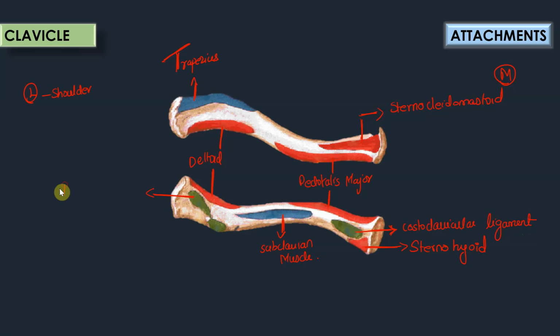One is the trapezoid ridge, and one is the conoid tubercle. Both together form the trapezoid and the conoid parts of the coracoclavicular ligament. The function, as we mentioned, is nothing but it transmits weight of the upper limb to the axial skeleton.